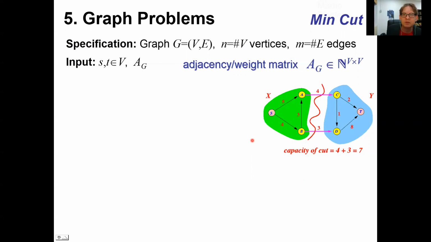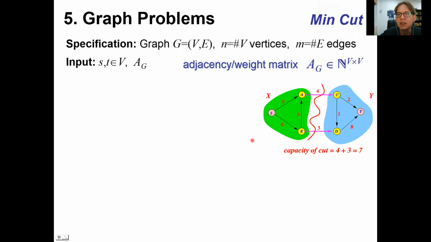Here the partition is called X and Y, but for simplicity, we only consider X, and every vertex that is not in X is implicitly considered to be part of Y. So the partition is, for simplicity, just a subset of the vertices.